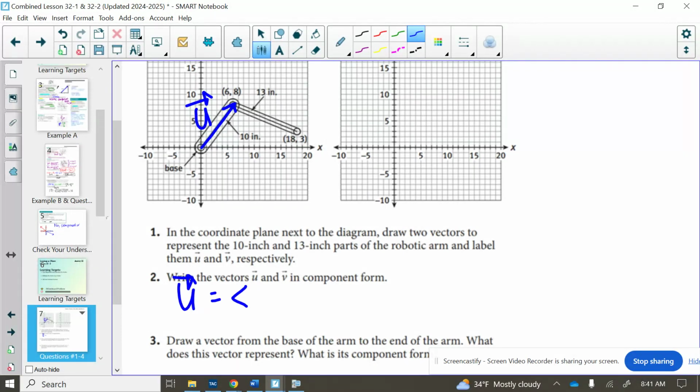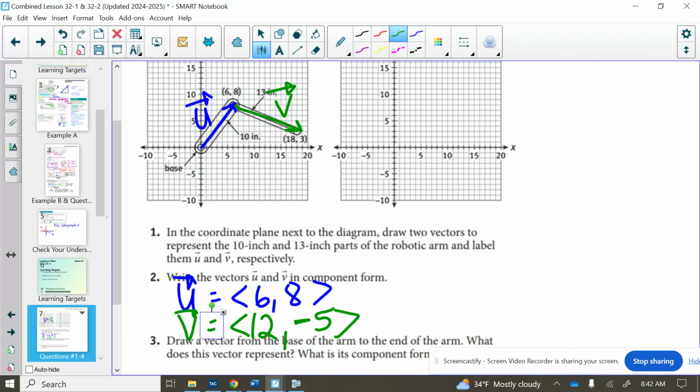Again, our component form would be 6, 8. The second vector, in this case we would call this one vector v, is starting at 6, 8 and moving to 18, 3. So for vector v, it is moving to the right 12 and down 5 units.